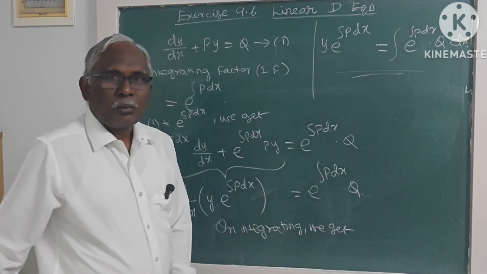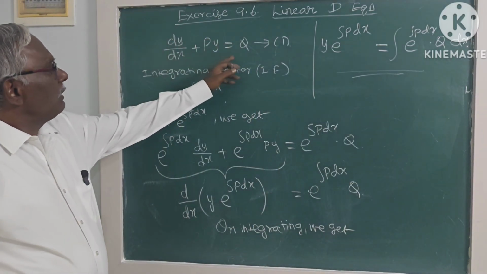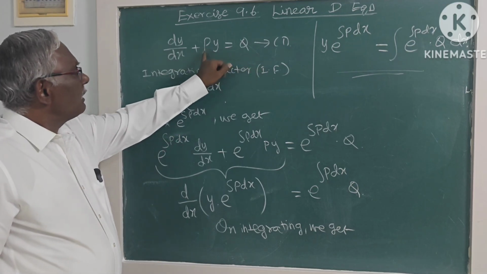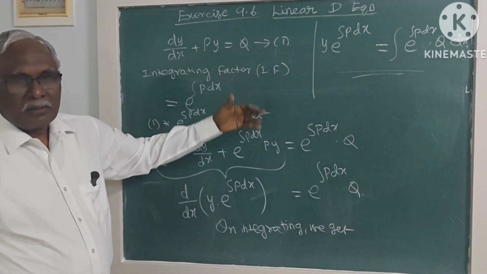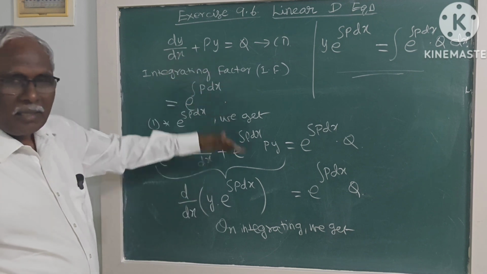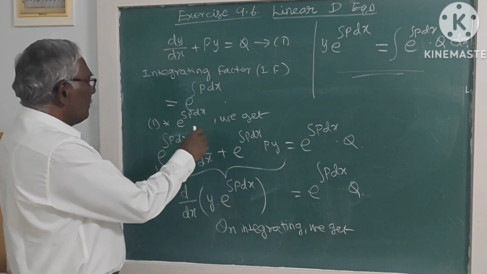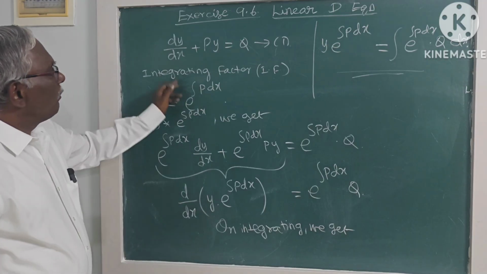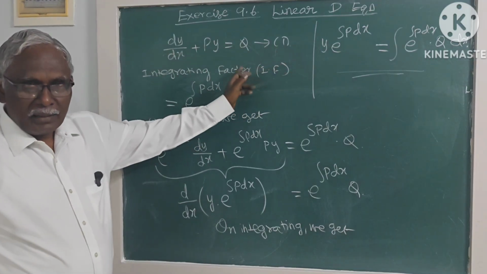So this is the general procedure. Given the differential equation, first we have to write it in this form and see that p and q both are functions of x or constant. Then only you can follow this method. Then find the integrating factor, that is e power integral p dx. Then multiply this equation by the integrating factor.